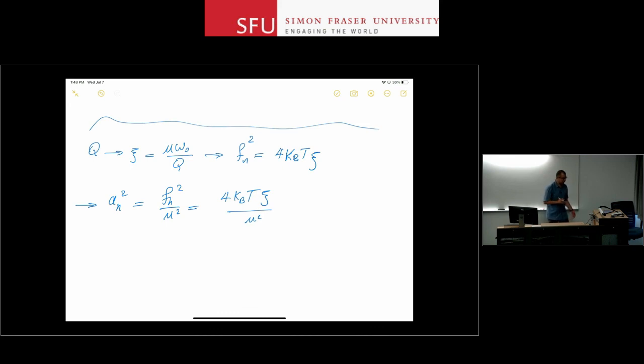And that is my equivalent acceleration noise. If I use this expression into here, I can see that this noise force is 4 kBT m omega naught over Q. One of those m's cancel, so that's the equivalent input acceleration.